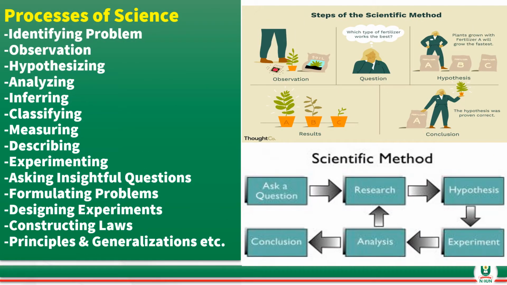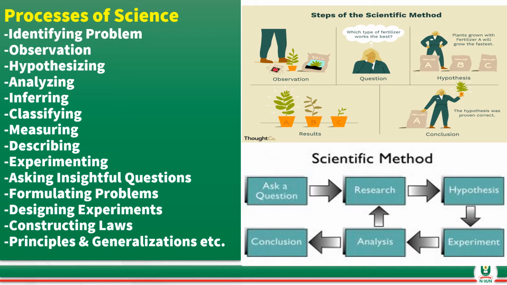Processes of science. What do you mean by processes of science? Processes of science are basically the method and skills that scientists employ in their work. Processes of science are the scientific activity that scientists engage in.